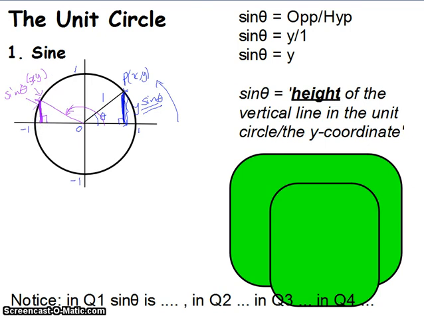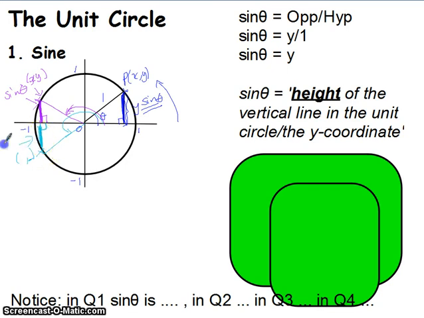If we keep going a little bit further, somewhere in this quadrant, we'd end up with another right angle triangle. So our angle this time is over 180, so maybe about 210, something like that. And the height, or sine theta, would be the height of that triangle, which is also the y coordinate here.